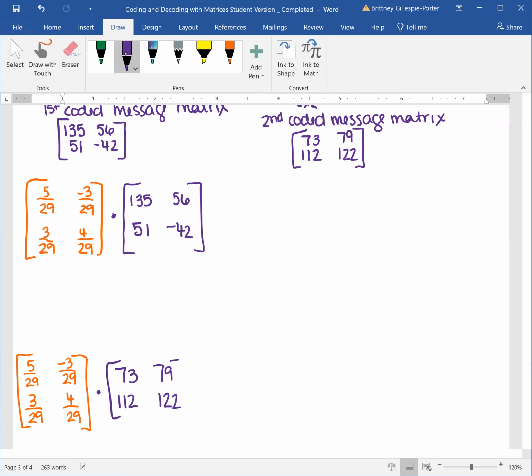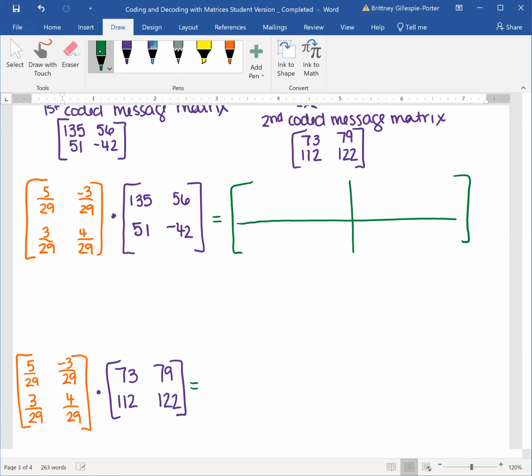All right, we have 2 by 2 times a 2 by 2, which means we're going to wind up with a 2 by 2 in both cases. So I am going to go ahead and create a 2 by 2 work matrix for both of these, giving myself a little bit of extra room than normal because multiplying by the fractions means that my work is a little bit longer.